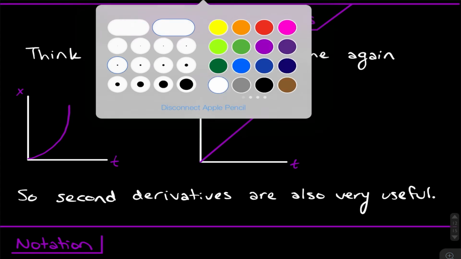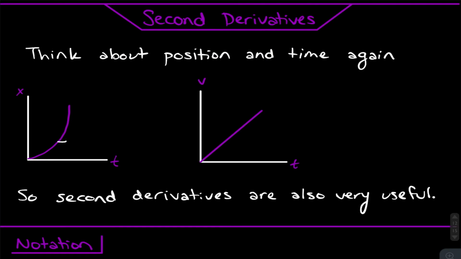Okay, now I mentioned before in this video that the slope of a position time graph is the velocity, right? It's how fast you're going. But also, let's talk about a velocity time graph, right? Velocity is already the derivative of position, and so if you want to write it as, maybe x prime instead, right? So I can say v or x prime, right? This is now a graph of the derivative, right?